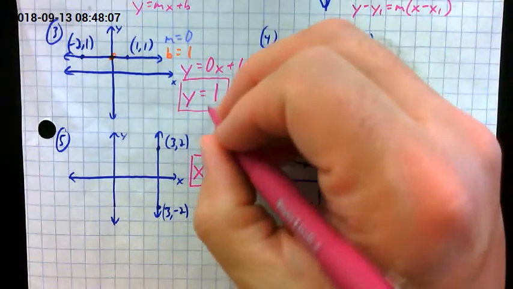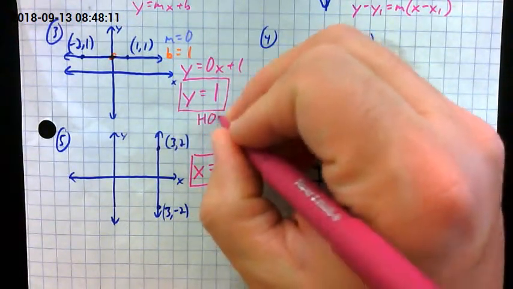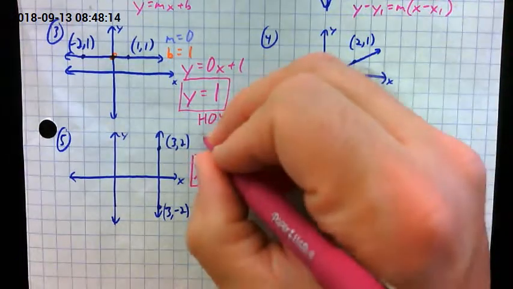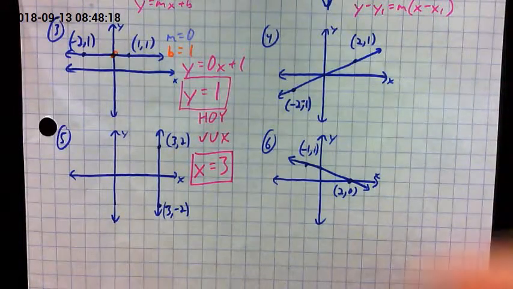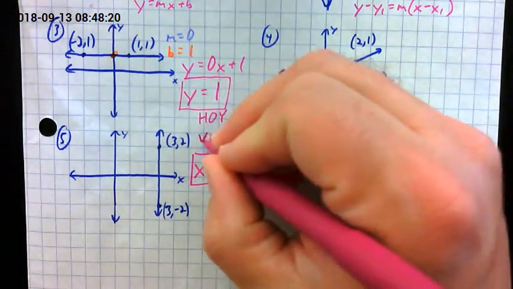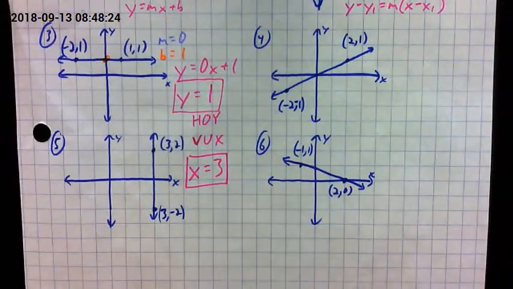I usually also teach this, so let me write this here. Some math teachers come up with different sayings for different things. I don't even remember who told me this one time, but it's just an easy way to remember properties of horizontal and vertical lines.